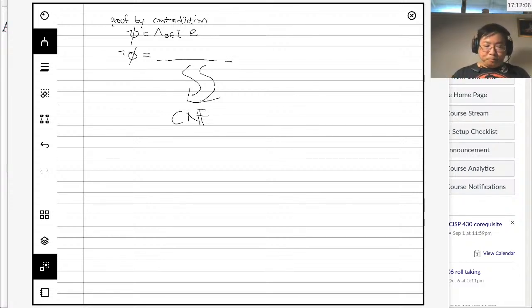So now, the final piece is we have psi, and then we make a conjunction of the CNF that is representing not phi, and then we apply resolution, and then we ask the question, can we resolve to false?